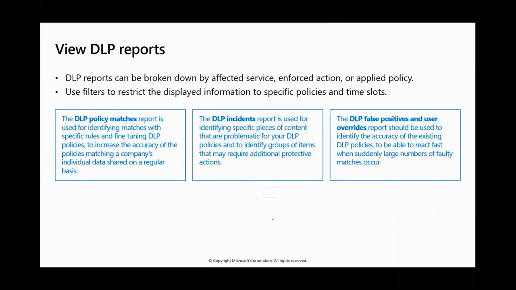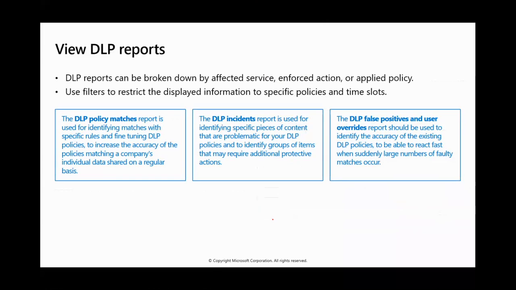Another way to see the information is through the use of DLP reports. These DLP reports can be broken down by affected service, enforced action, or applied policy. So we can use filters to restrict the displayed information to specific policies and also time slots.